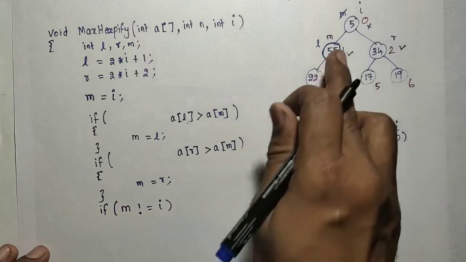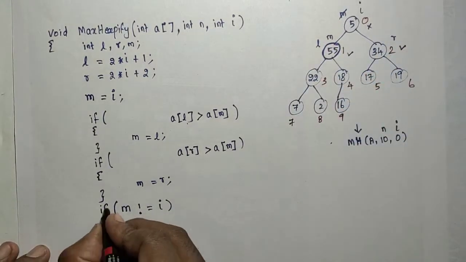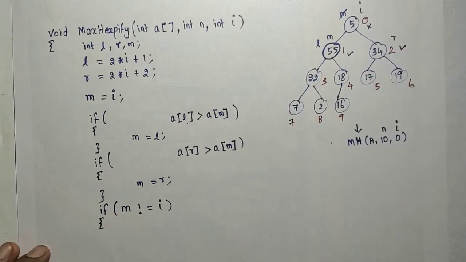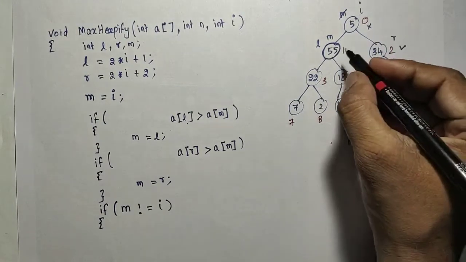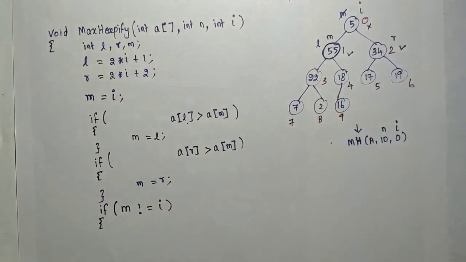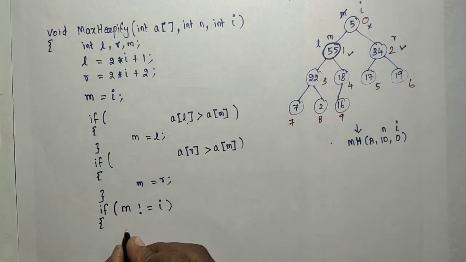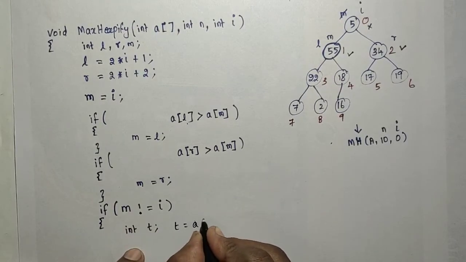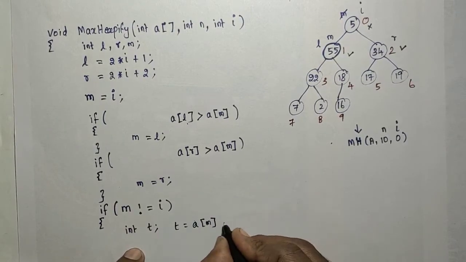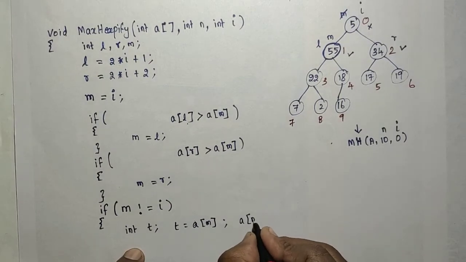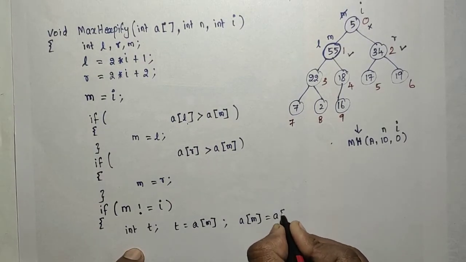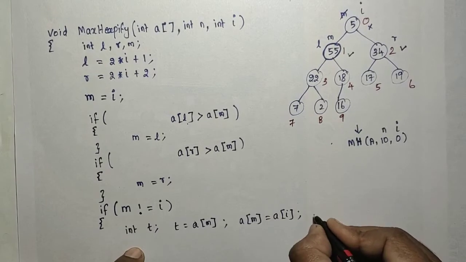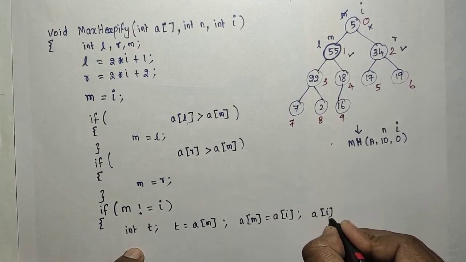Suppose M is moved to left or right. After finding this, I have to do swapping of the ith value and the mth value. So I need to introduce a variable int t, and t equal to A of M, A of M equal to A of I, and A of I equal to t.